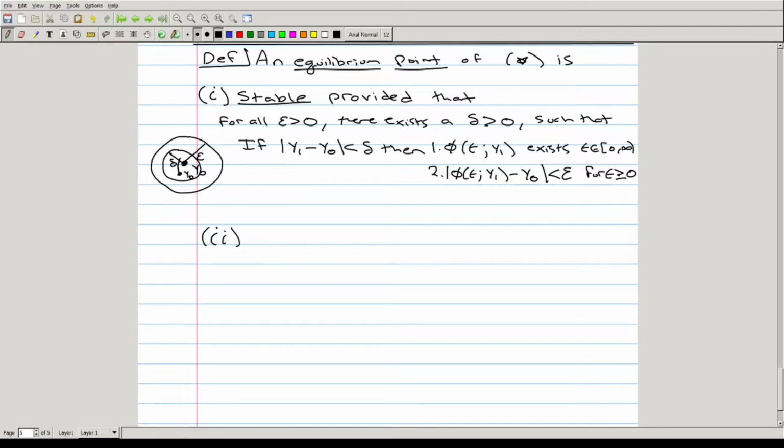The solution might go outside of the delta ball, but it has to stay within the epsilon ball. This is the solution phi of t comma y1. So for any value of epsilon, no matter how small, there always will exist this delta region, and that's what this is saying.